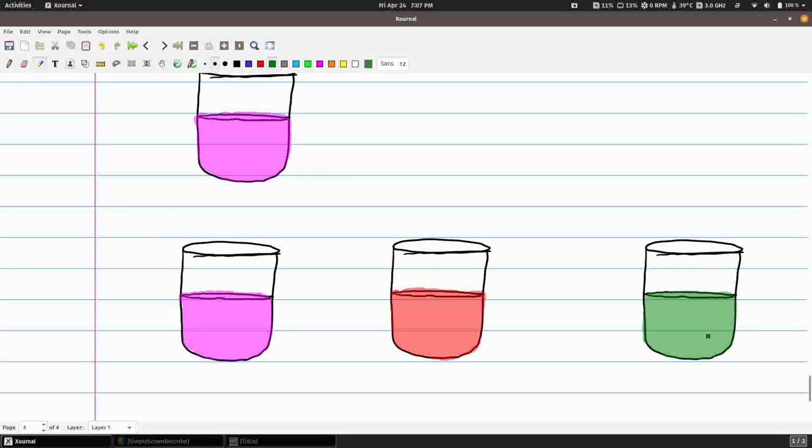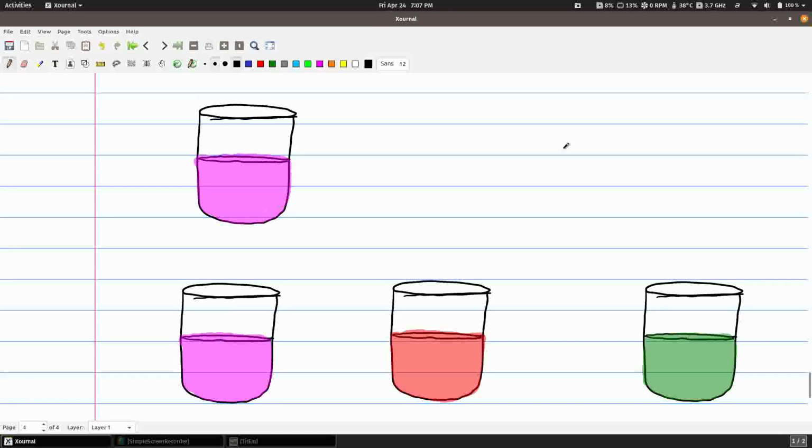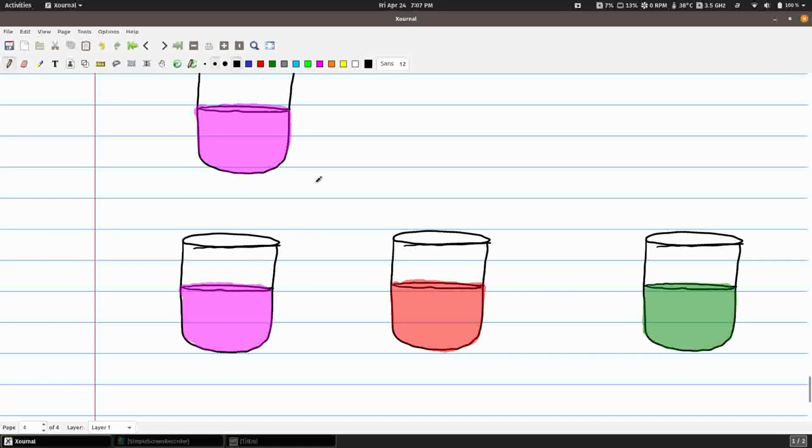Okay, so what you're going to do is divide the liquid into several different cups. It's not like you're doing mad science experiments. So divide the liquid into 3 cups with different substances. Preferably something that's not crazy.